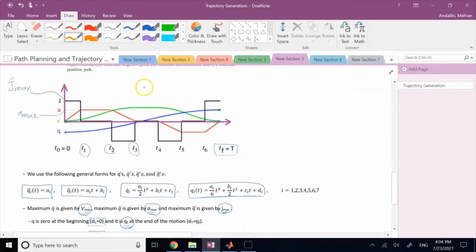If you draw the middle line here, the V profile and J profile are symmetric about the line, but the A profile is symmetric about the point. So when you mirror it from the left side to the right side, you have to also negate it. Q is not perfectly symmetric, okay?